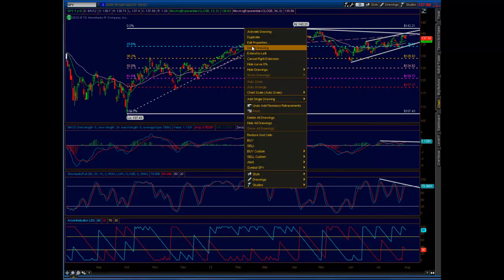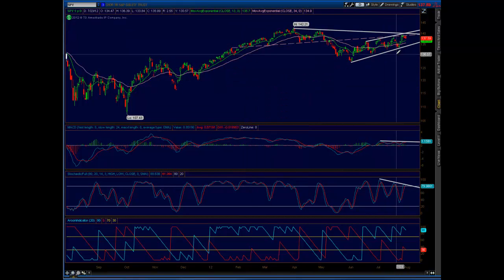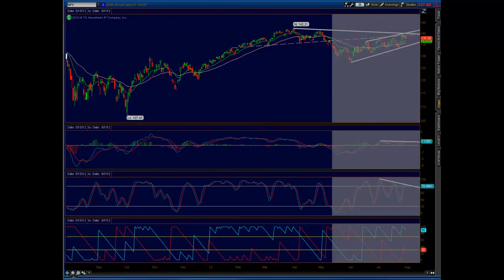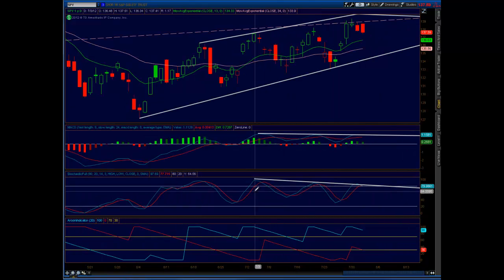Nonetheless, this will happen. You have confirmation on the moving averages, the MACD, the stochastic, and you have almost an engulfing pattern of the candle, by engulfing the body of the prior day's candle.